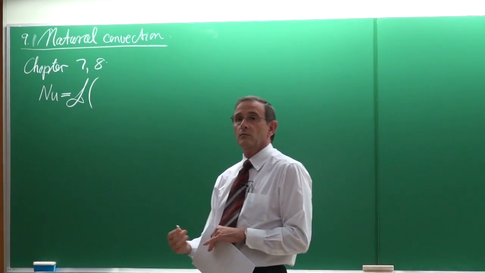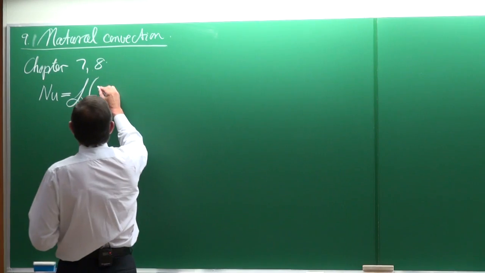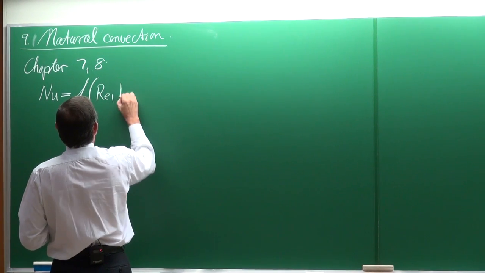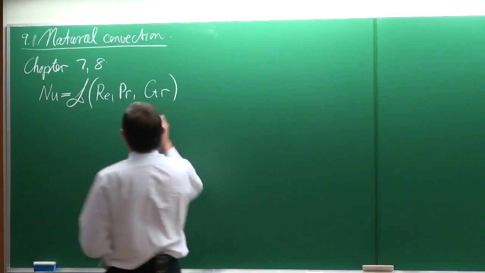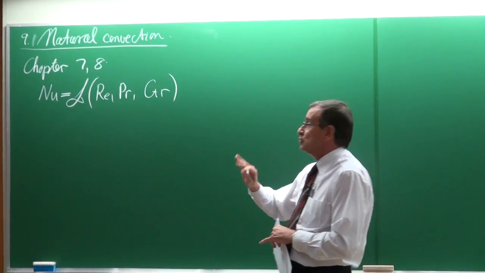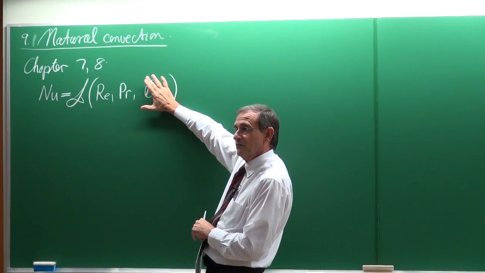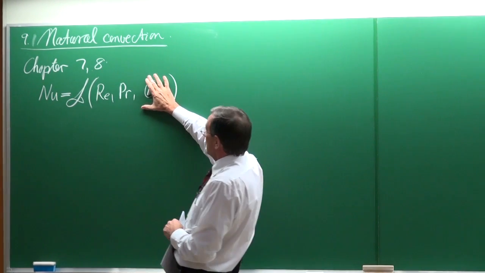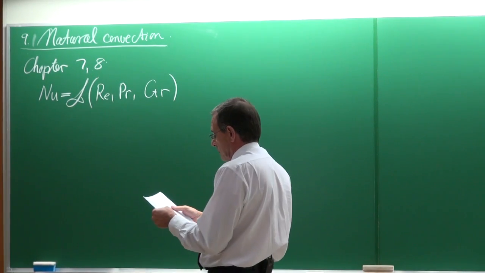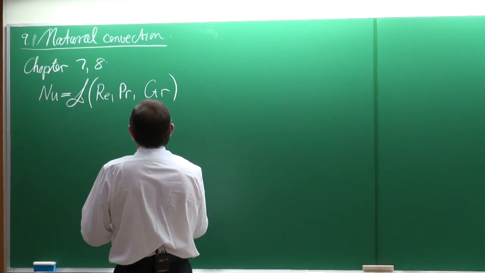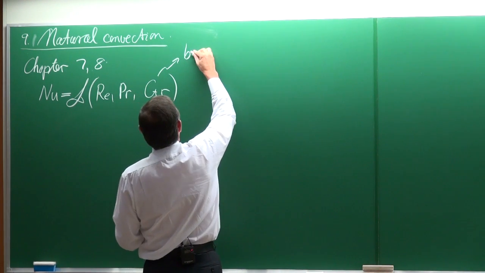The Nusselt number, in general, is a function of the Reynolds number, the Prandtl number, and then the Grashof number. But in those 2 chapters, this never featured. We only looked at the Nusselt number as a function of Reynolds number and Prandtl number. So this is the effect of buoyancy.